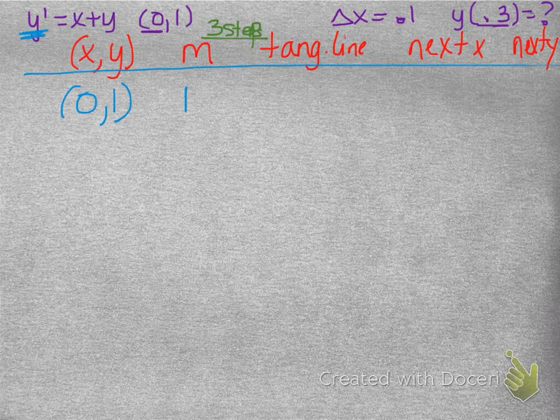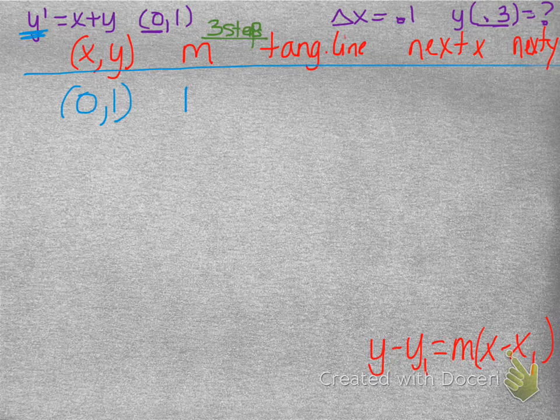Then I write the equation of the tangent line. You can write the equation however you would like, but I'm going to use point-slope formula because I think it's easier to solve what you need to solve in the problem. In case you don't remember, point-slope formula is y minus y1 equals m times x minus x1. You fill in the m, the x1, and the y1.